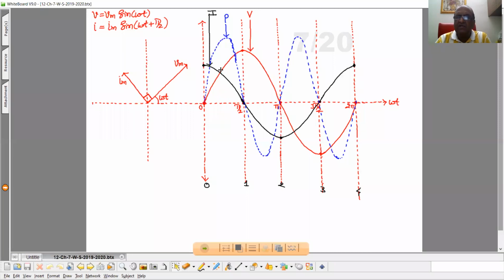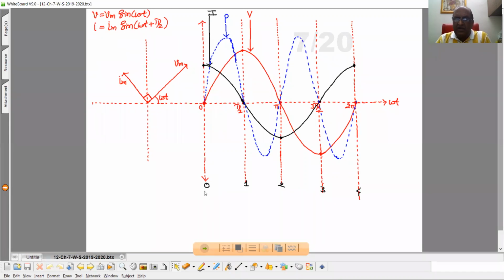When current and voltage are both positive, power is positive. Then one positive and another negative, power is negative. Again both negative, voltage and current, power is positive. One positive, one negative, power is negative.